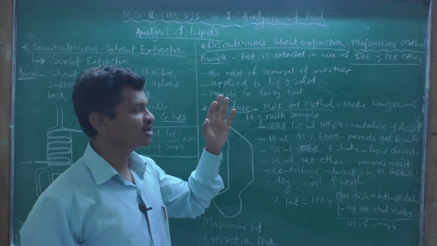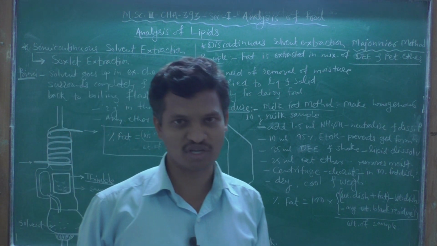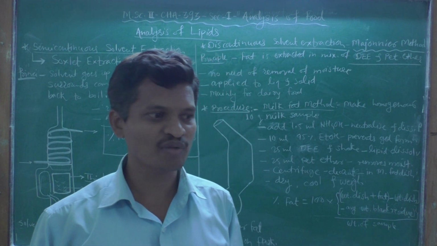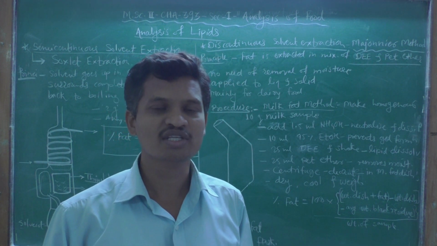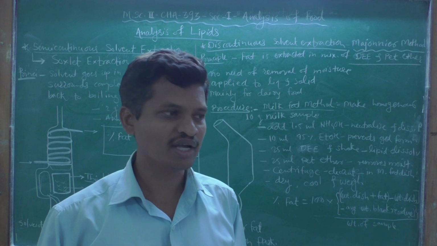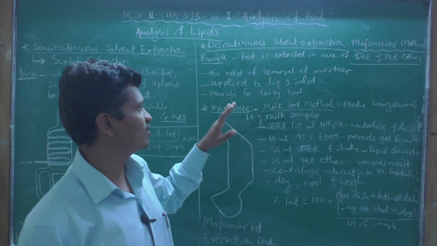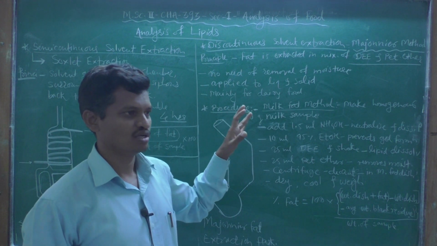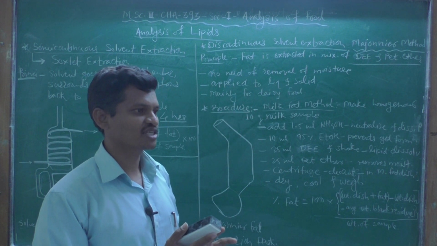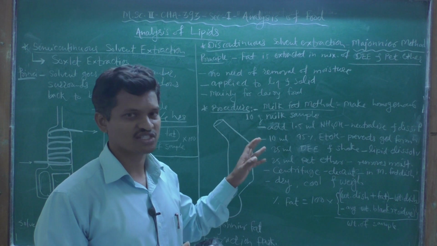It was mainly developed for dairy food products, used for fat analysis of milk, cheese, butter, etc. These are all dairy products, so it is used extensively by the dairy industry.